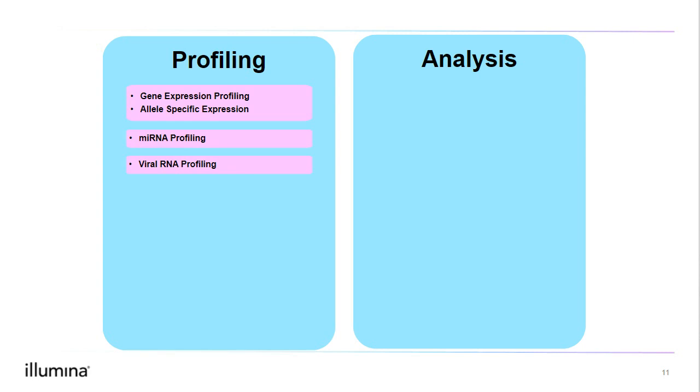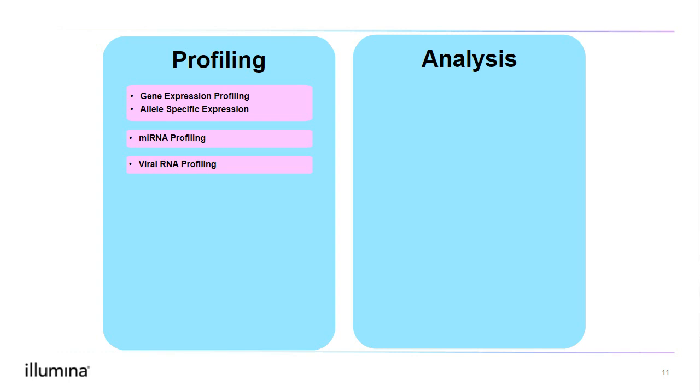How is gene expression changing in response to treatments or in different cell types? We can take a look at gene expression profiling or allele-specific profiling. If we're looking at mRNA, we can count the different mRNA transcripts within different cells or treatment groups. We can also do this for viral RNA.